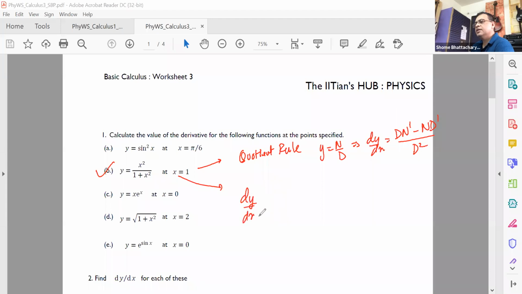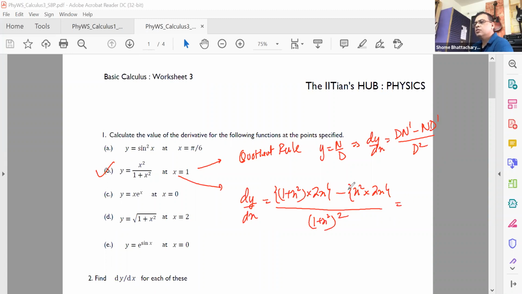So dy by dx will become denominator, which is 1 plus x square, into derivative of numerator, which is 2x, minus numerator, which is x square, into differentiation of denominator, which is 2x, divided by the denominator, which is 1 plus x square whole square.